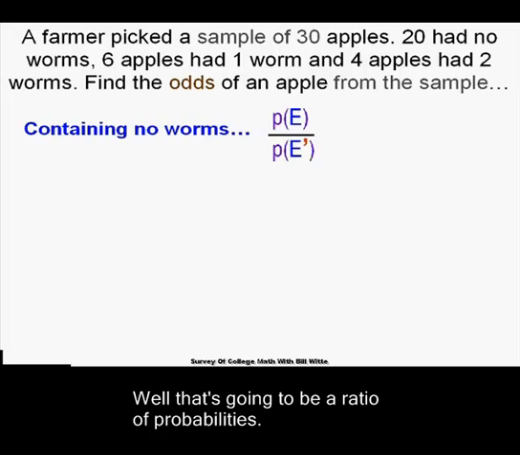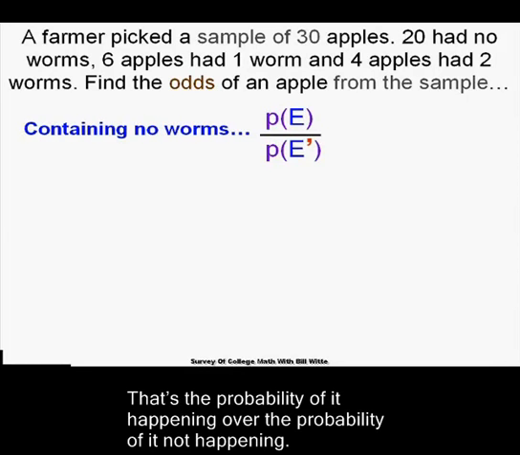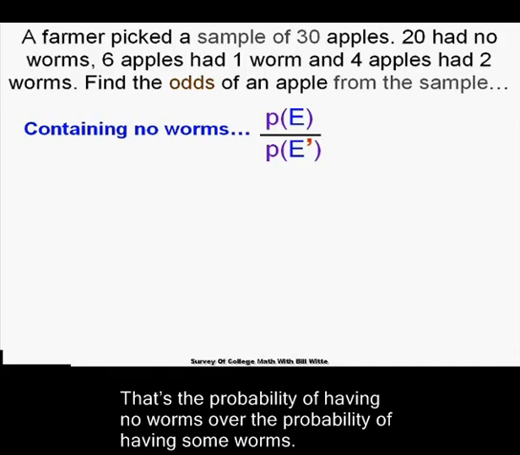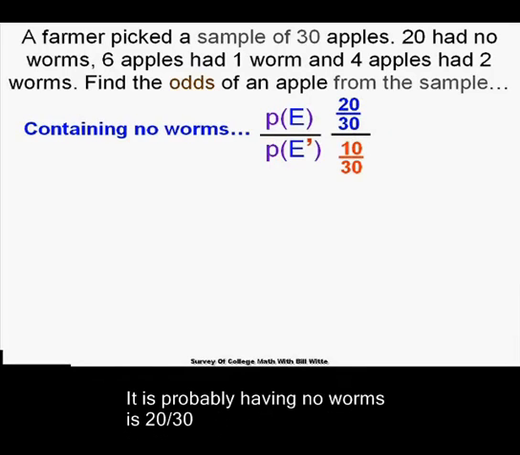Well, that's going to be a ratio of probabilities. It's the probability of it happening over the probability of it not happening. The probability of having no worms over the probability of having some worms. The probability of having no worms is 20 out of 30.